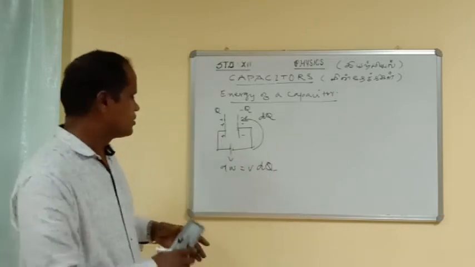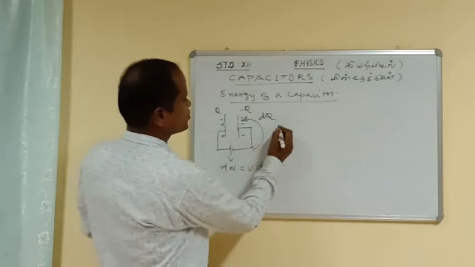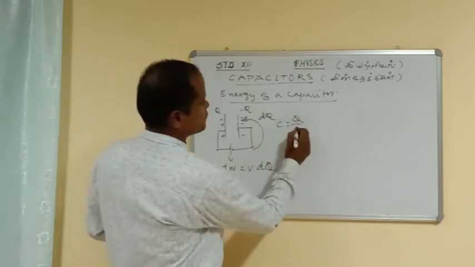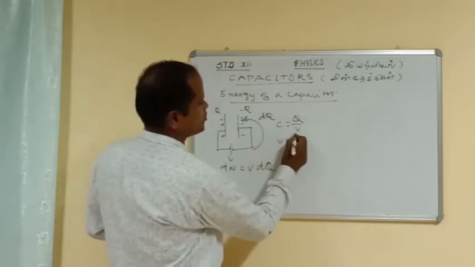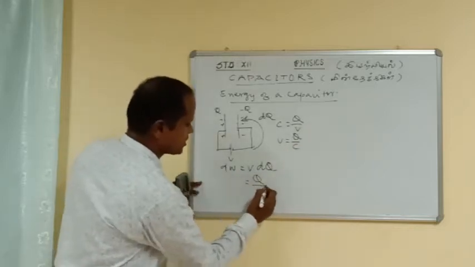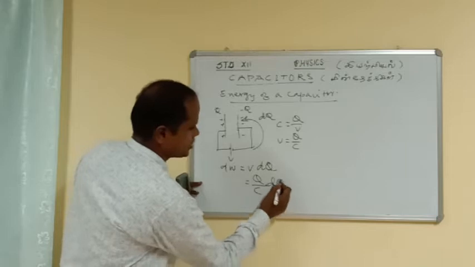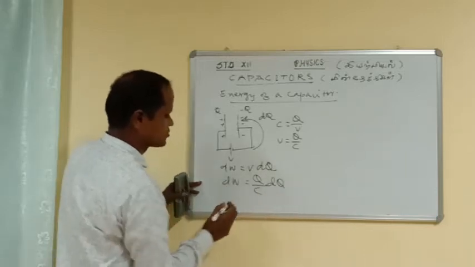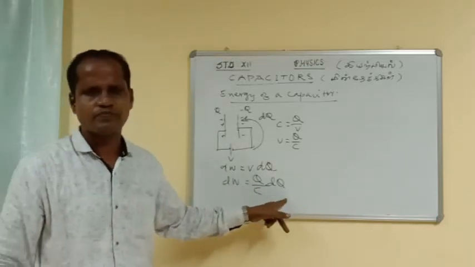But you know the formula, C is equal to Q by V, or V is equal to Q by C. So substitute this value: dW is equal to Q by C dQ. Small work done is given by this.